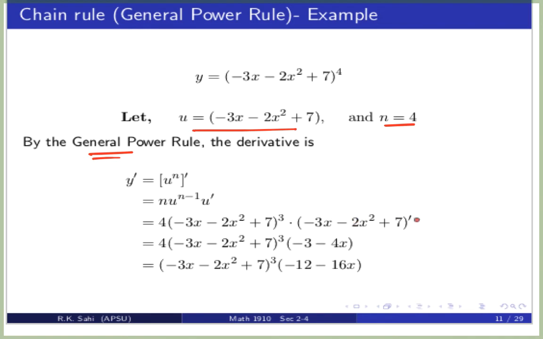So it's 4 times negative 3x minus 2x squared plus 7, the whole cube, times the derivative of this expression, which is negative 3 minus 4x. And then, if you want to make it nicer looking, you take the 4 and multiply with the elements of negative 3 minus 4x. And here is your answer.